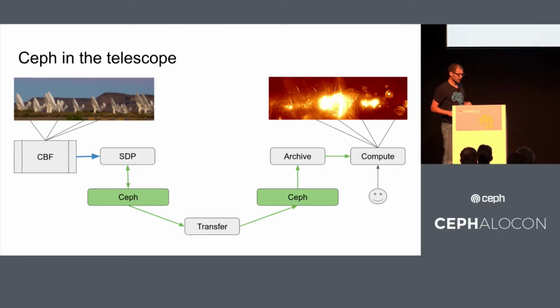Out of the correlator, it goes into the science data processing subsystem, and the science data processing does a lot of the calibration, the ingest, and some early stage imaging, and these results are stored into a Ceph cluster. We use a Ceph cluster with different pools to store the temporary data.